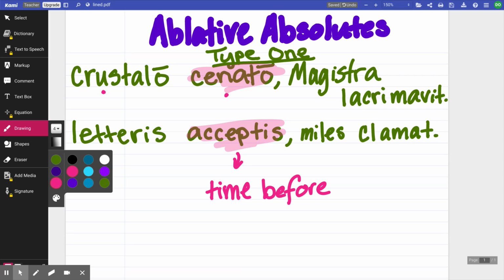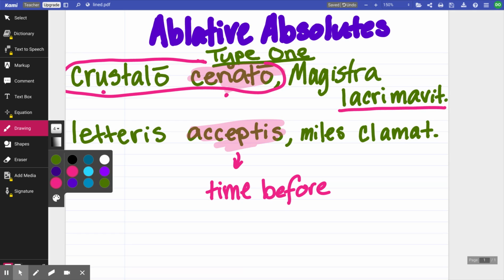But when you actually take a second to look at the sentence, we know that before Magistra cried, the cookie had been eaten. And that's the idea here. So instead of saying with the cookie having been eaten, you can say after the cookie had been eaten, Magistra cried. Or just giving the idea that this happened before this.